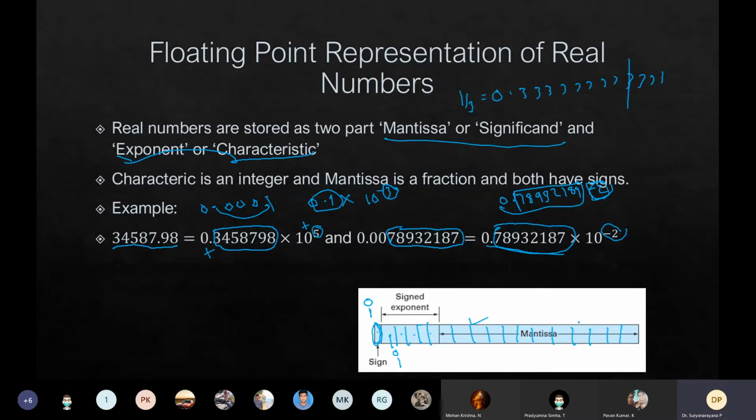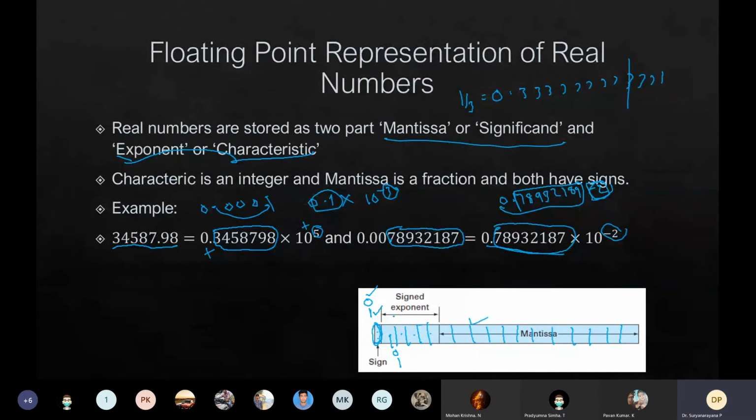From that allocation, we have to keep one for storing the sign of the number. Generally, if it is 0, we say it's a positive number. You can have any convention, but one possibility is if it is 0 here, you know that the number is positive. If it is 1 here, you know the number is negative.